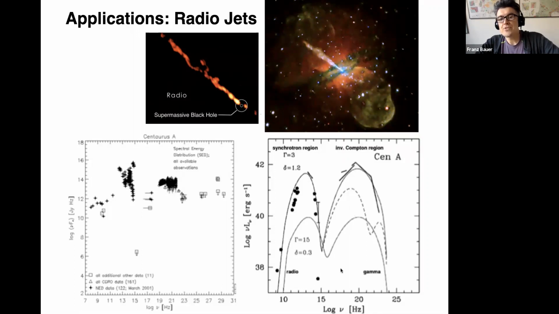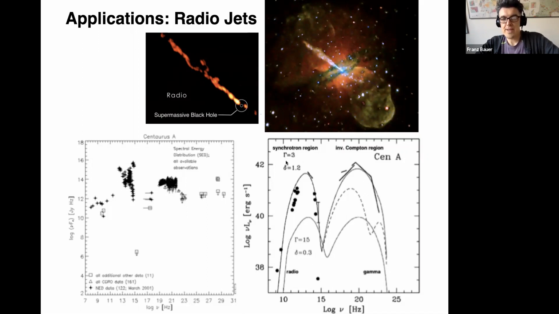And so you can compare that, is it matching the slopes in the gamma ray regime and then the radio regime here. And you also see it vary over time, which is pretty tricky. So this is, for example, a model with gamma of 15 and a Doppler boost of 0.3.